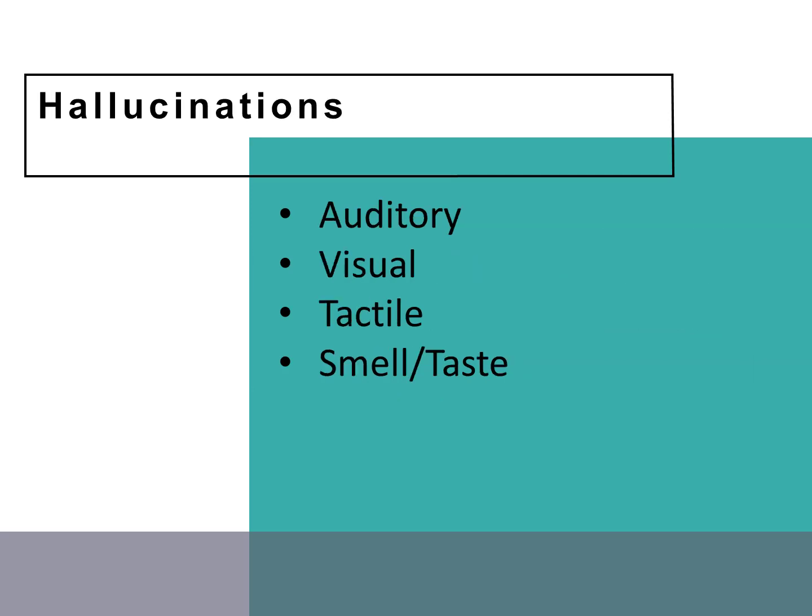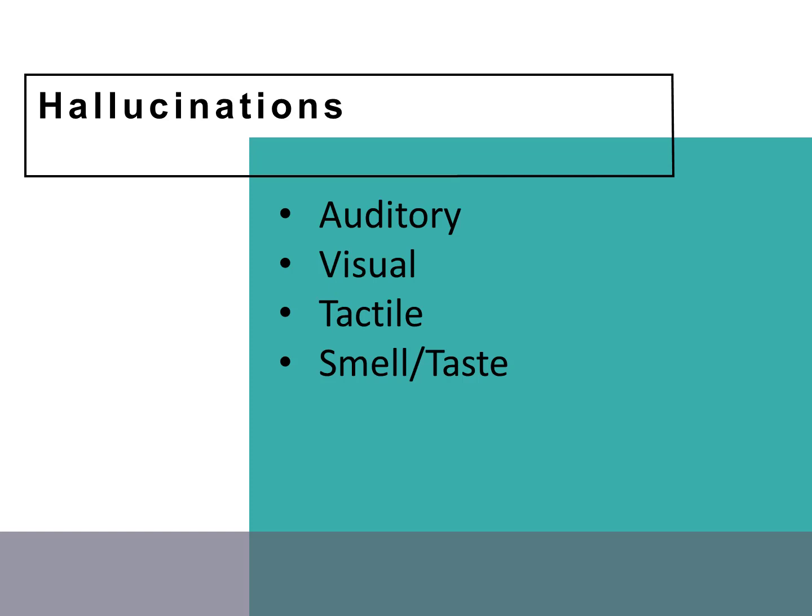As far as hallucinations go, auditory hallucinations are probably the most common with schizophrenia. Most people who suffer from schizophrenia deal with auditory hallucinations, meaning they hear things that aren't really there. I know in a lot of movies the visual hallucinations get played up, that people with schizophrenia will see things that aren't there. That's true, but it's actually less common than the auditory.